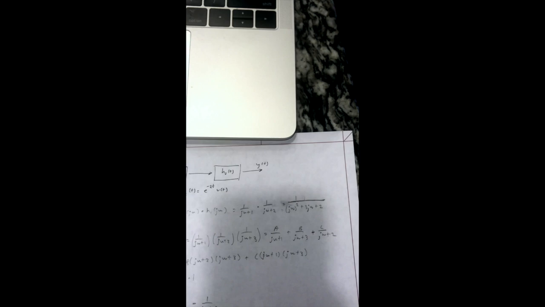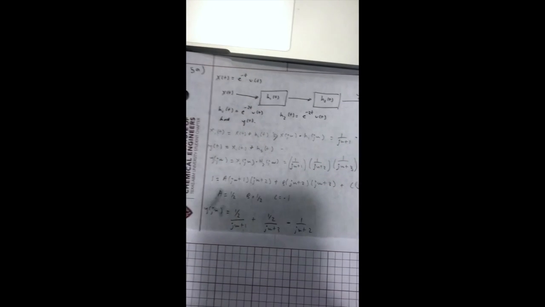But once you do get your coefficients, you plug them into your expression that you had up there, and you get 1/2 over j omega plus 1 plus 1/2 over j omega plus 3 minus 1 over j omega plus 2. Now, these are pretty simple to compute.